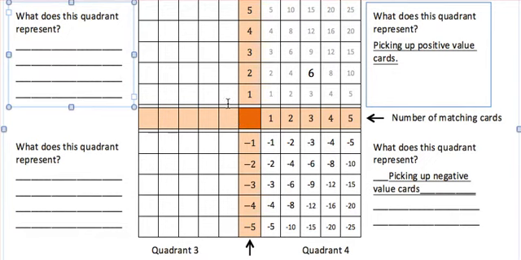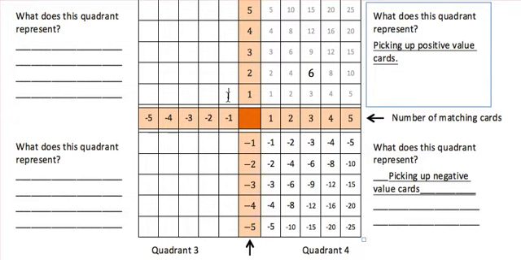In quadrant 2 and 3, we're going to remove cards, both of positive value and of negative value, and we'll see what effect that has. So if we remove a positive 1, that would result in a -1 change.